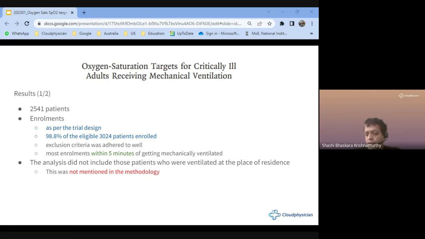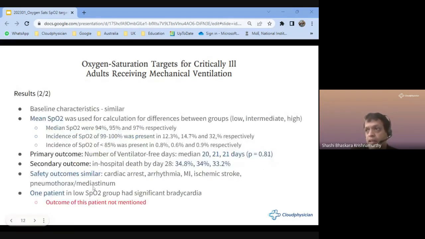And again, it is more about the robustness of the study and how they essentially did it. Some of the patients who were excluded included those who were ventilated at their place of residence and came into the hospital ventilated, but for an exacerbation or anything. This was not really mentioned in the methodology. No, I did not get the exact numbers in this particular instance.